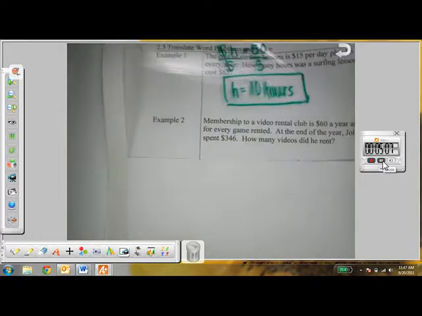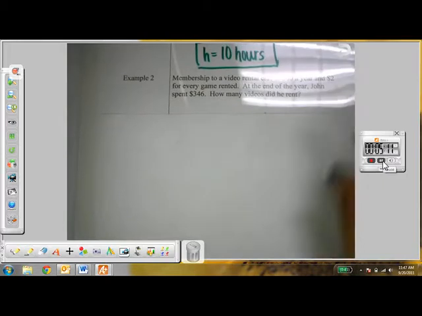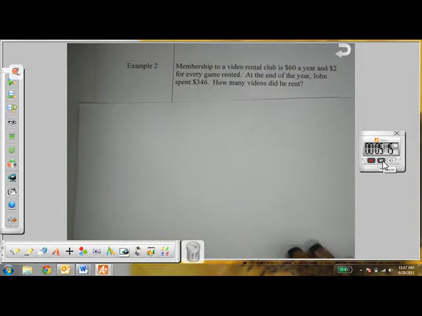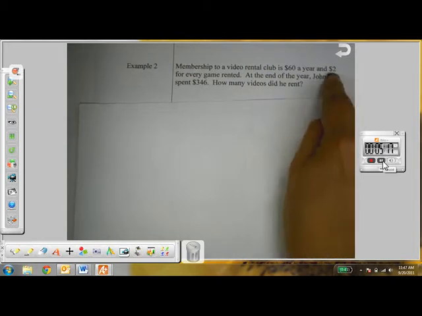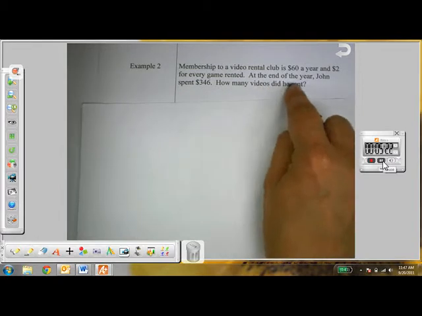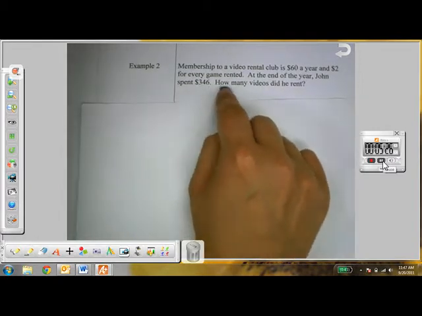Example 2: membership to a video rental club costs $60 a year and $2 for every game rented. At the end of the year, John spent $346. How many videos did he rent?